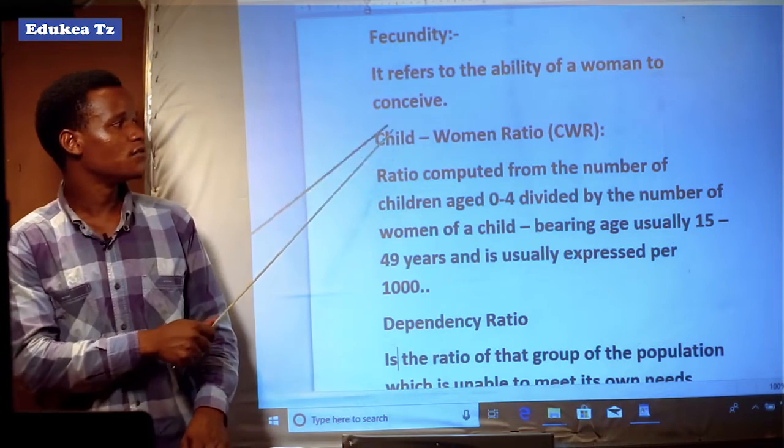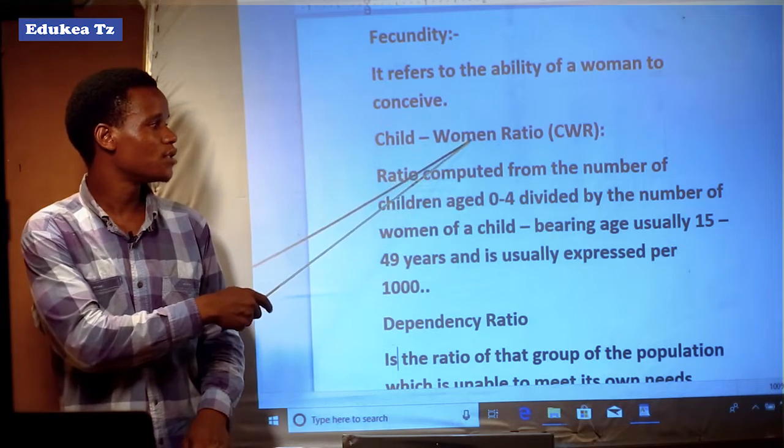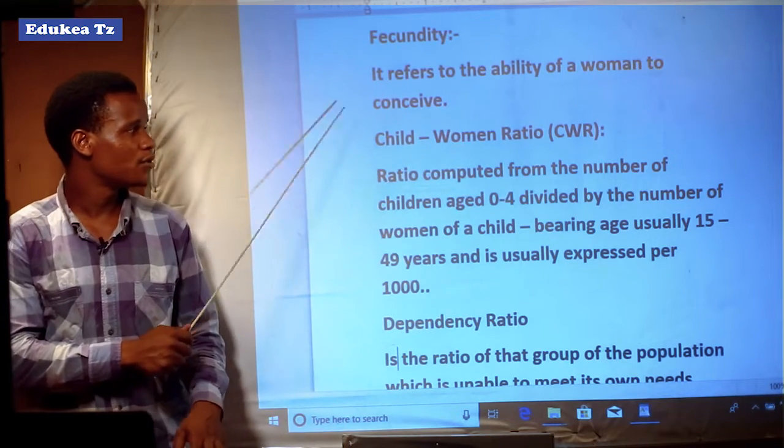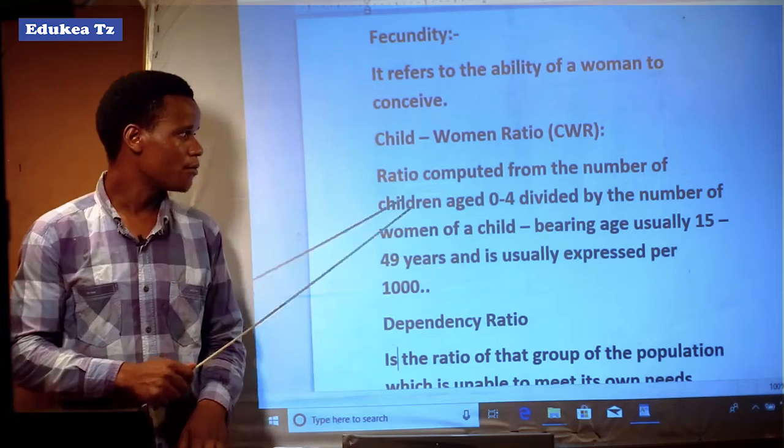Another is child-woman ratio. This is another terminology found in population.